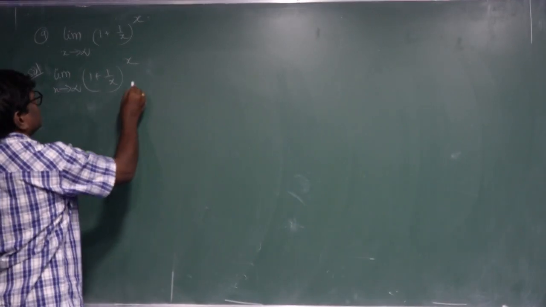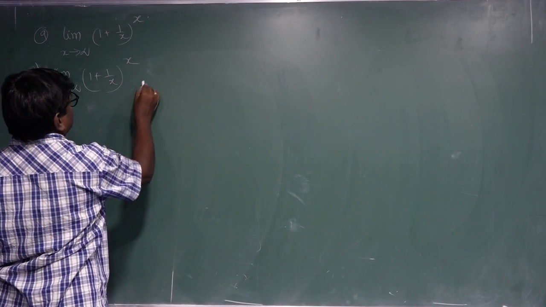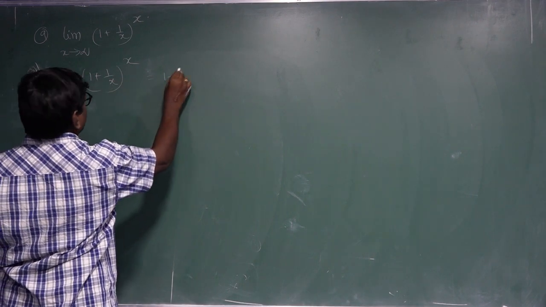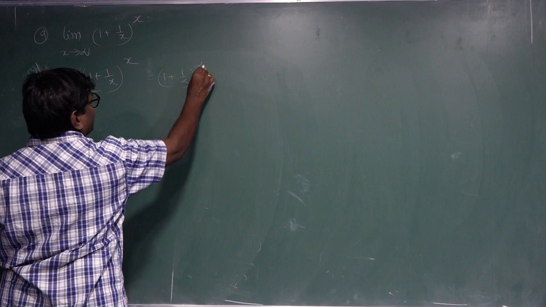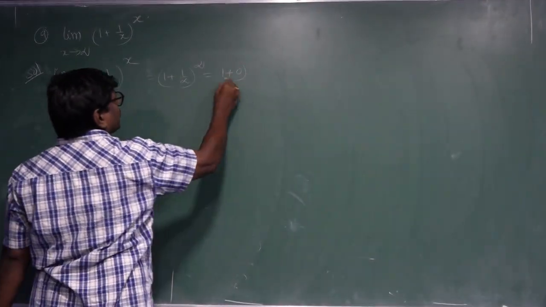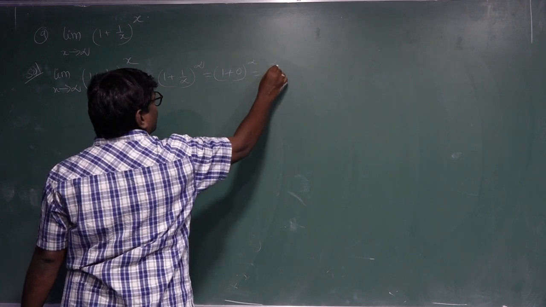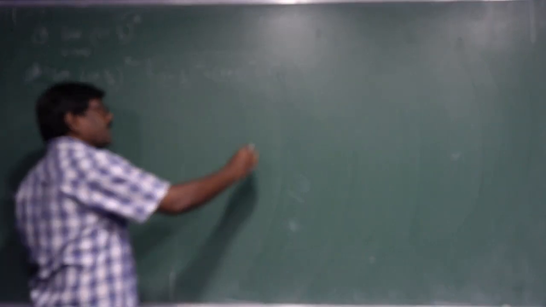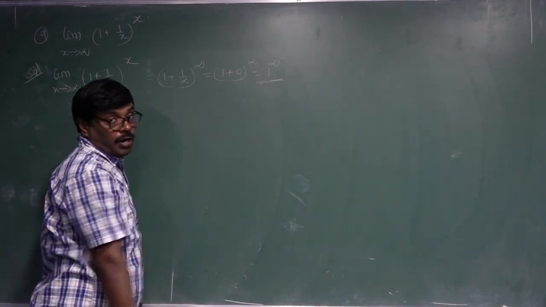Solution: limit as x tends to infinity of 1 plus 1 by x whole power of x. This is 1 plus 1 by infinity, power of infinity. The value of 1 by infinity is 0, so this is 1 power of infinity, which is an indeterminate form.